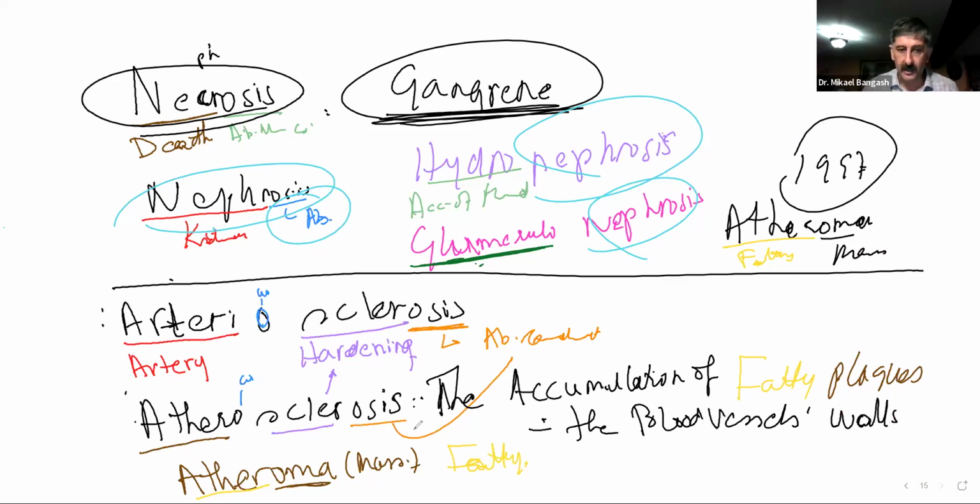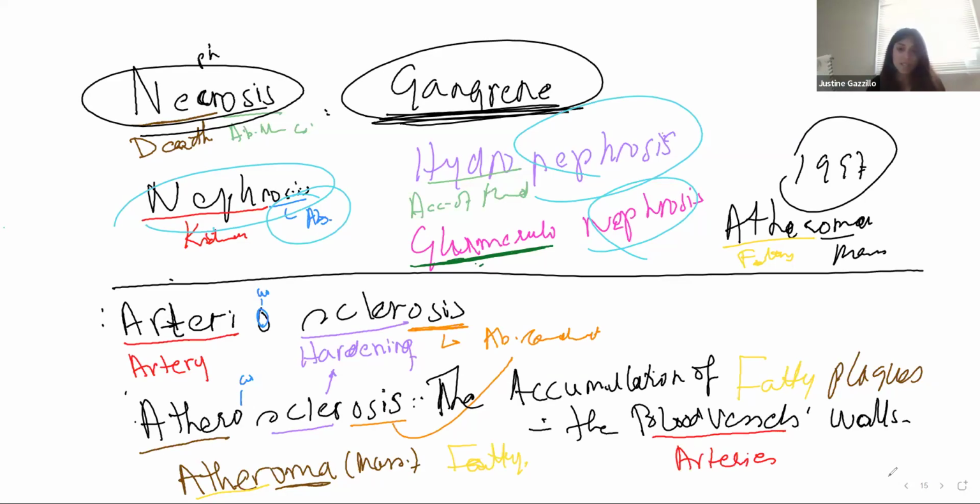Ladies and gentlemen, this is the standard definition of atherosclerosis: the accumulation of fatty plaques in the blood vessel walls. Most likely these blood vessels will be what we call the arteries.